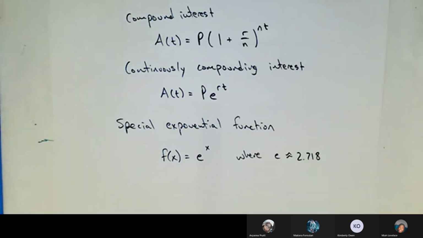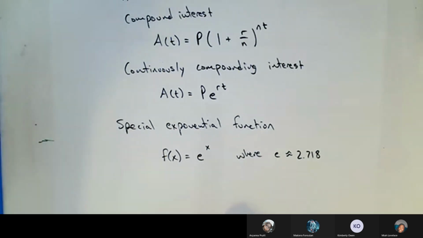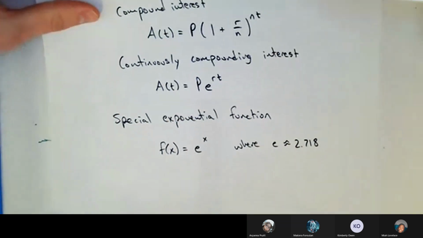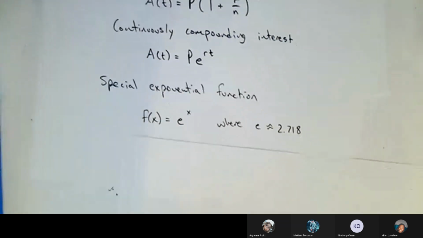It pops up when you're talking about populations of animals. It's just everywhere in science and math. If you get into any kind of STEM field, you will see the exponential function popping up in your field. Anything from business to chemistry, just everything.